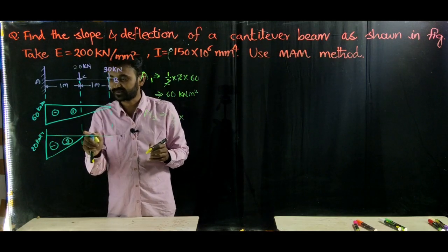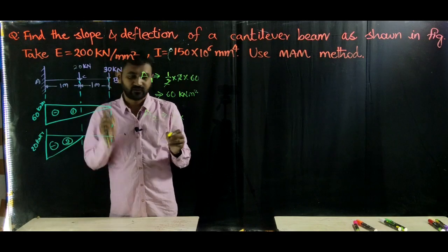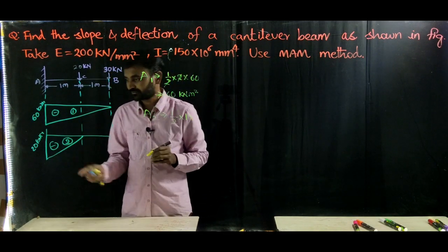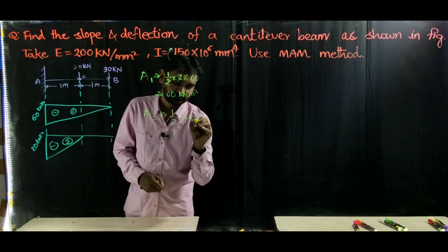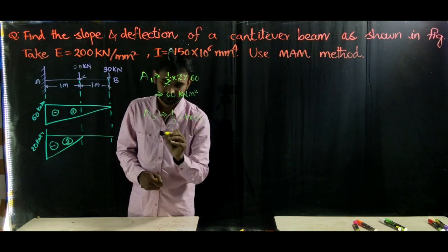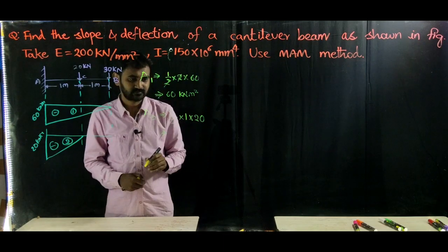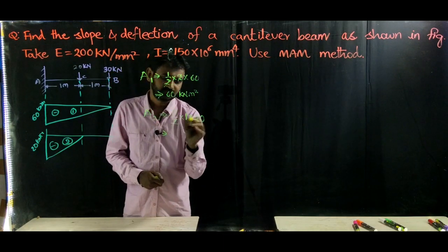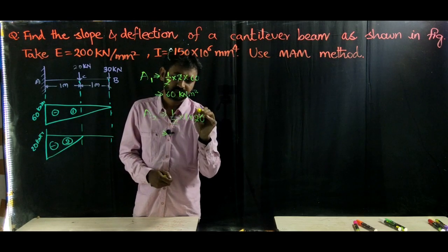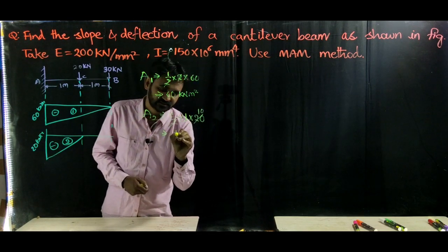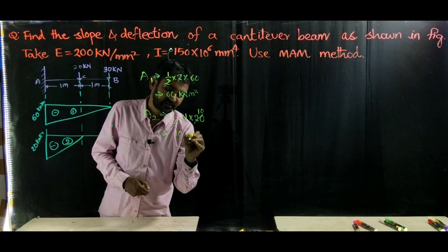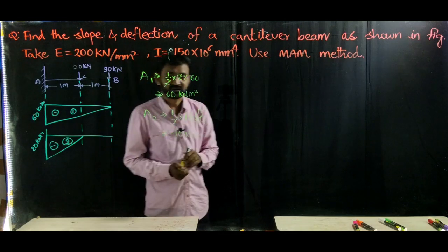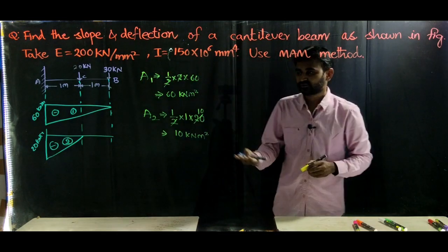So you have to consider only this distance, which is 1 meter. 1 into 20, right? This is 10 kilonewton meter square. You got A1 as well as A2.